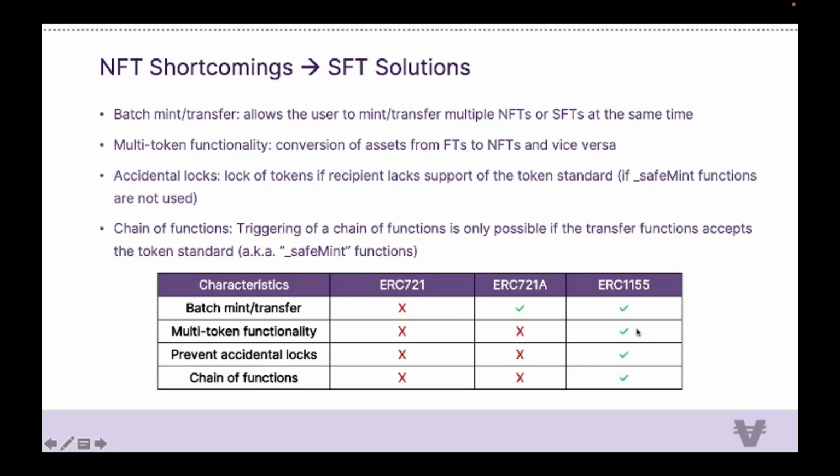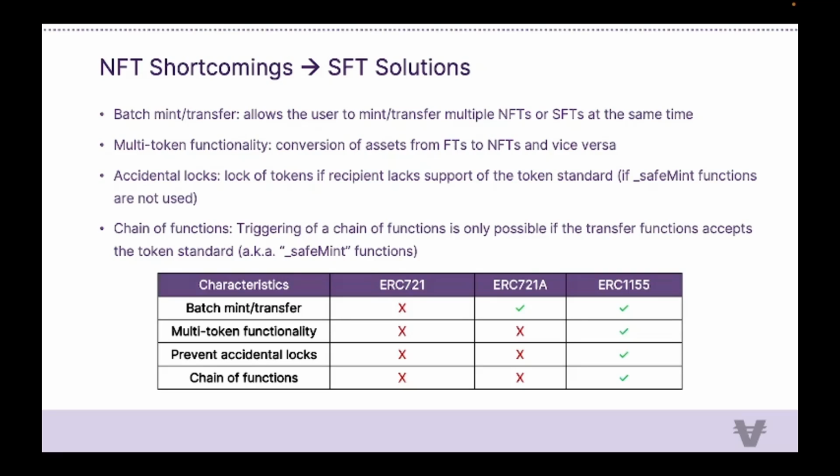So of course, batch minting and transfer is quite straightforward. It allows you to transfer multiple tokens at the same time, or mint multiple tokens at the same time. Then a multi-token functionality, as we already said, a semi-fungible token goes from fungible token to non-fungible token, and of course, it needs to support those different tokens.